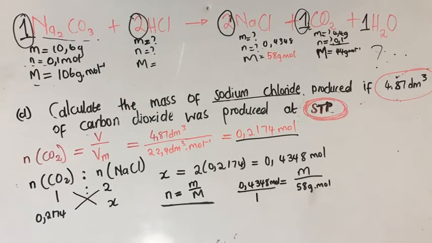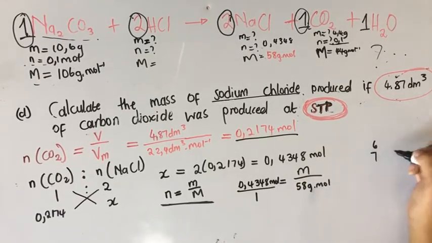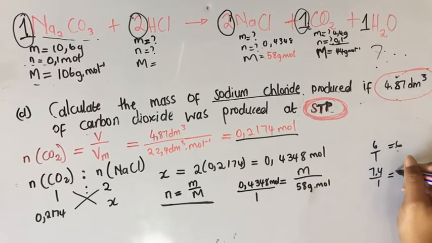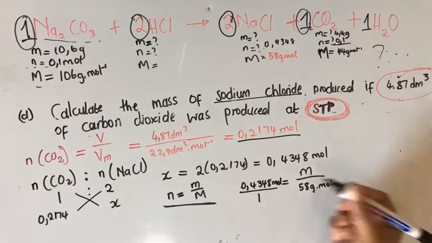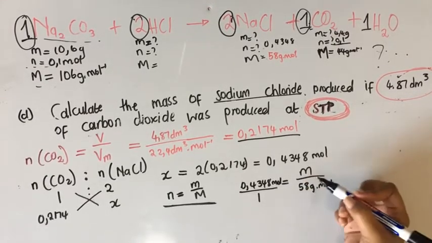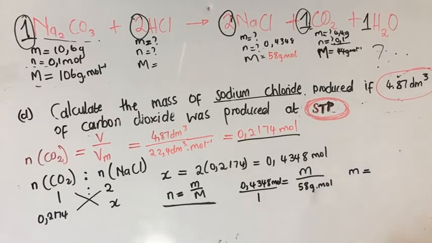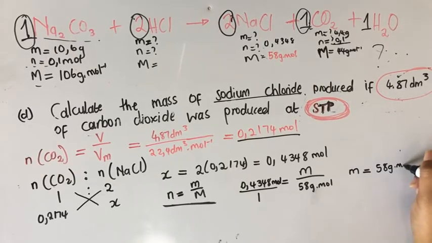Okay, and then cross multiply. We can write the moles over 1. Okay, so m multiplied by 1 is still mass. All right, and then now 58 grams per mole multiplied by 0.4348 mole.